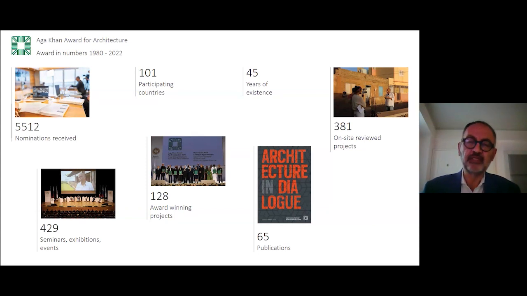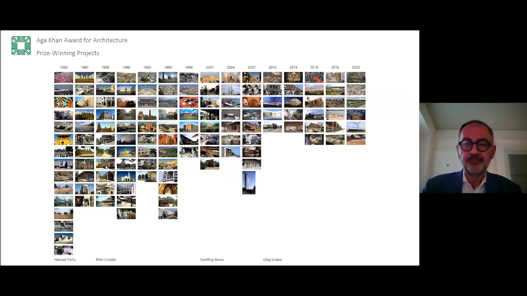It's one of the reasons that SOAS also wanted to use the Aga Khan Award for Architecture examples, because of the sheer number of projects that we have studied and documented in a complete way. With all these numbers, you can have an overall view of the reality of the built environment in Muslim societies throughout the world.